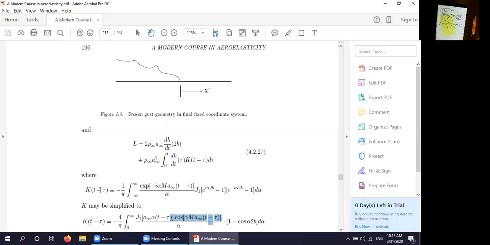This is the formal expression for K that comes out of the analysis, which I hope you read and understood. But then you can simplify this formula by taking advantage of the way that alpha appears in this equation, because the imaginary part will turn out to be identically 0, and you should be able to show that analytically by using the fact that the imaginary part will be odd in alpha.